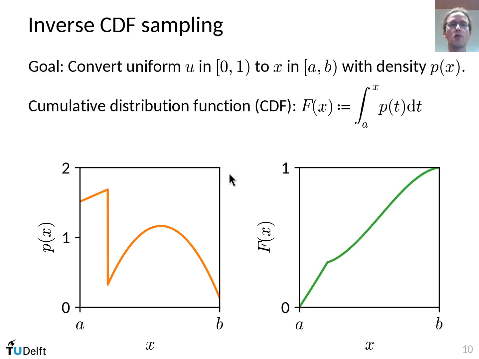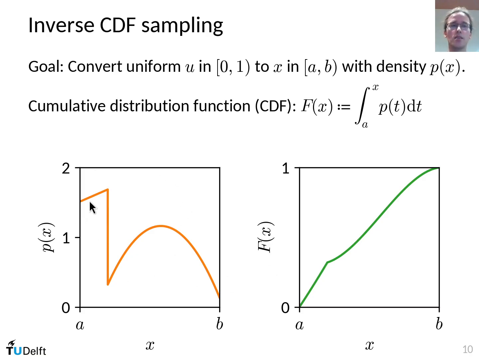And to do so, the first step is that we compute the cumulative distribution function, CDF for short, of our density. So that means we are simply taking the integral from the beginning of the domain to x, and that gives us the CDF at x. Then this is what that looks like for this density.